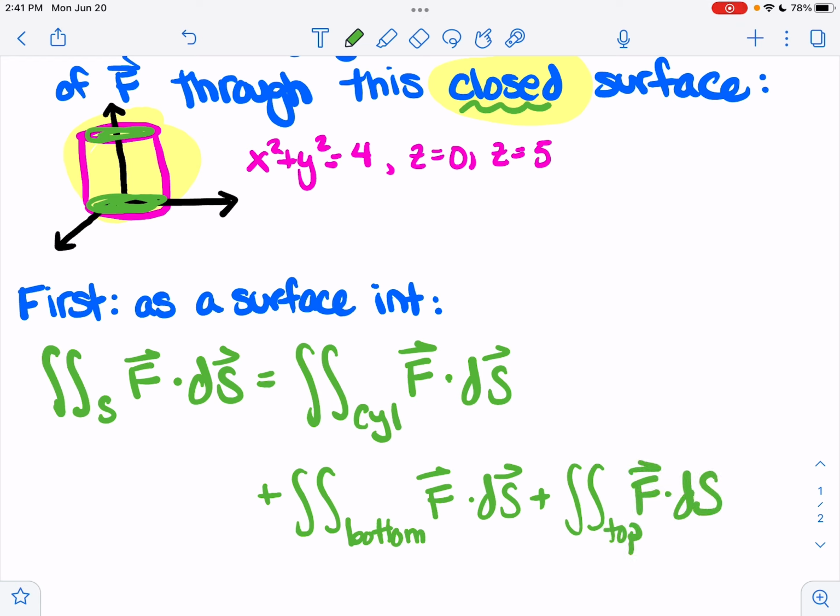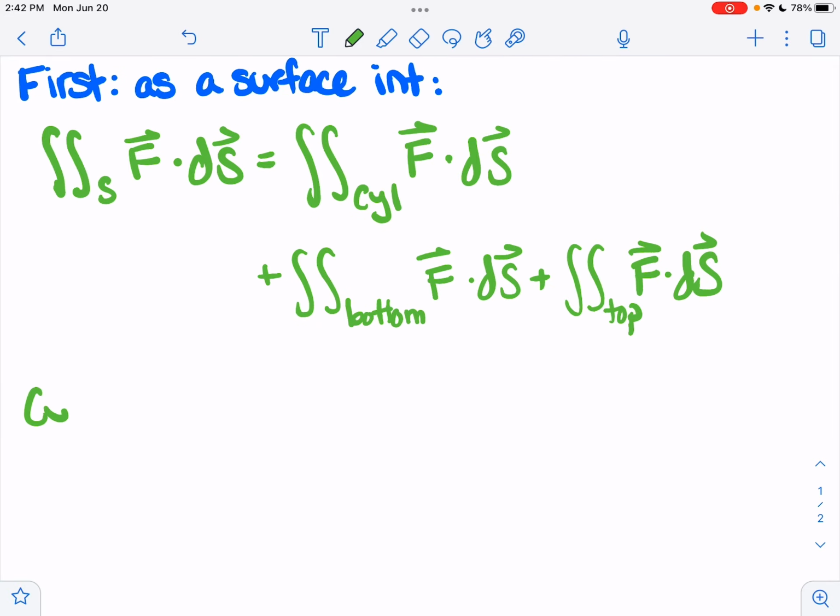So it's the flux out through the sides plus the flux out through the bottom plus the flux out through the top. And so actually we have three surface integrals to do. This is good review of how these work, since it's been a weekend for us, maybe since we've done them.